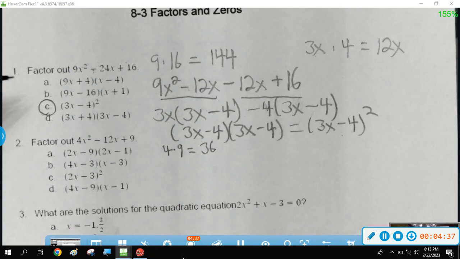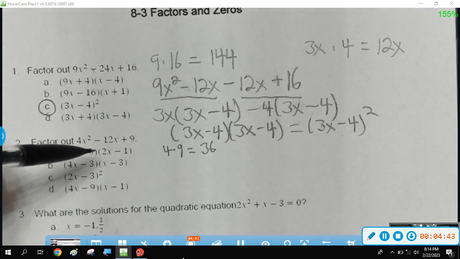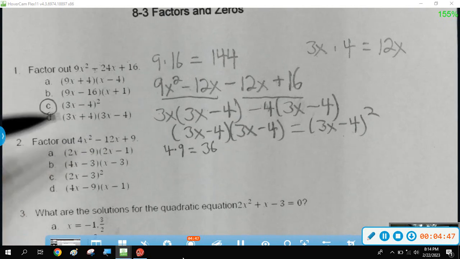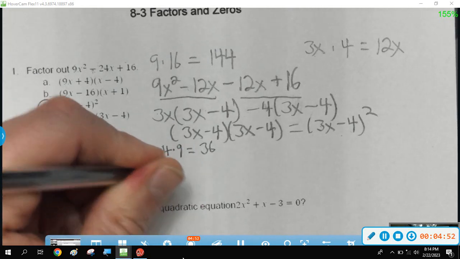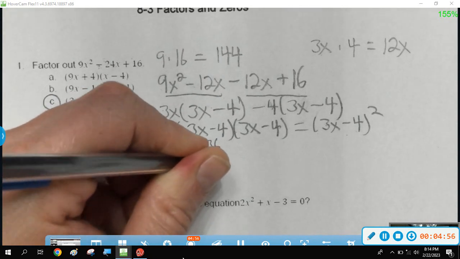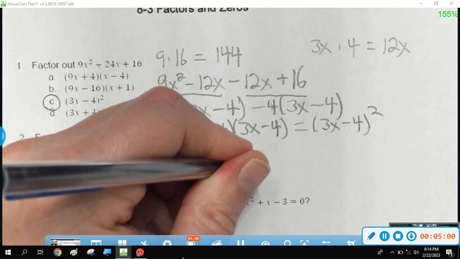So now I need to try to find two numbers to multiply together to make 36, but at the same time they're going to combine in the middle to get 12. The numbers that come to mind are 6 and 6, so I'm going to split that middle term up now into this. So 4x squared minus 6x minus 6x plus 9.